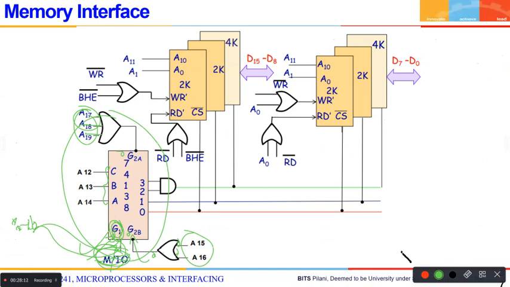Definitely, instead of using A17, A18, A19, 3 inputs to this, use only 2 inputs. Right? So A19 is 0, but you need 1. What do you do? You connect one NOT gate and give it here. Done. It will be permanently selected.